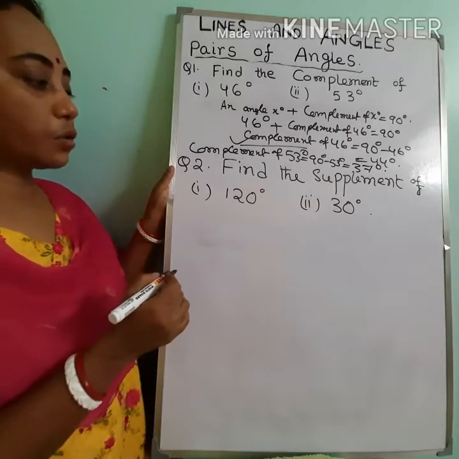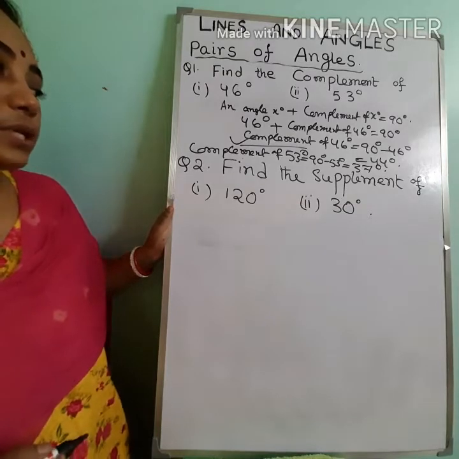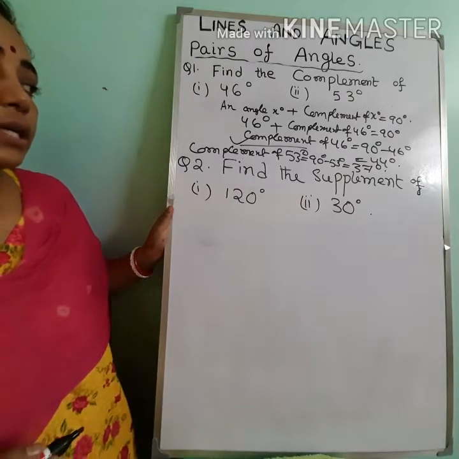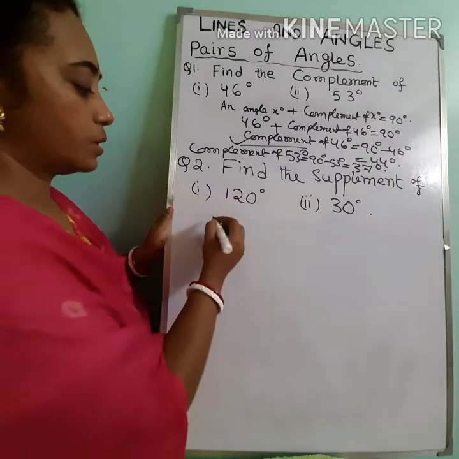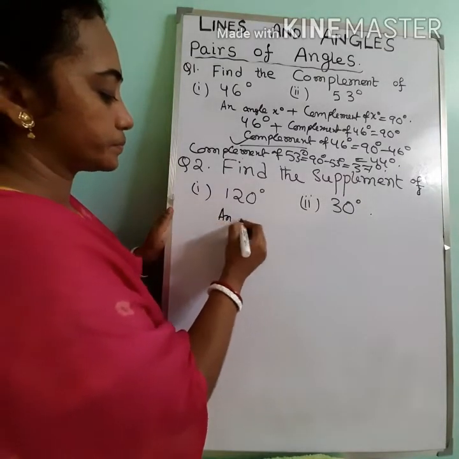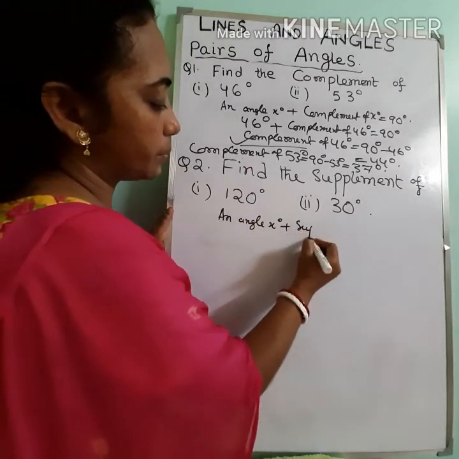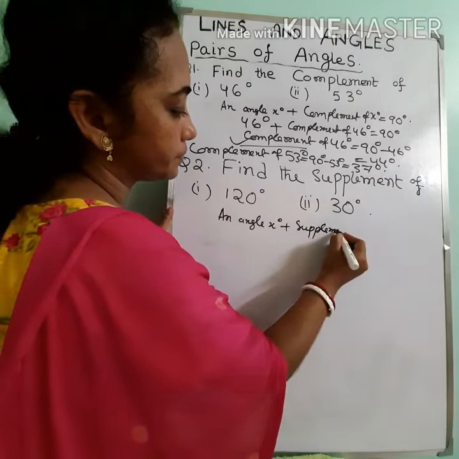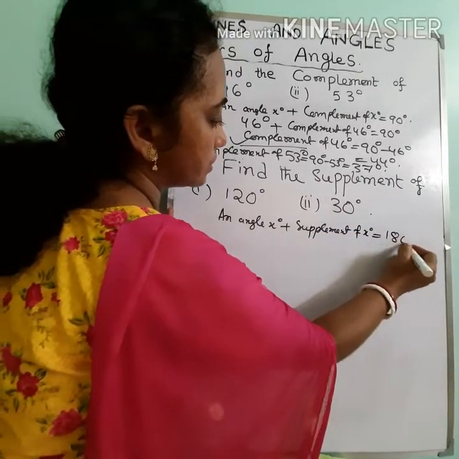Find the supplement of 120 degree. Two angles are said to be supplement of each other if their sum is 180 degree. So in this case also, an angle x degree plus supplement of x degree is equal to what? 180 degree.